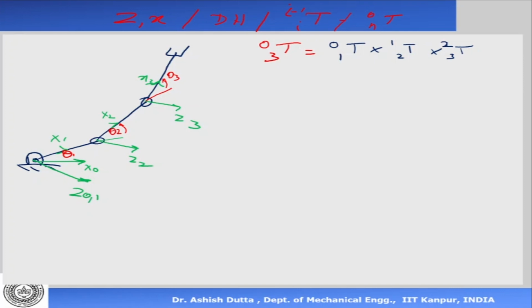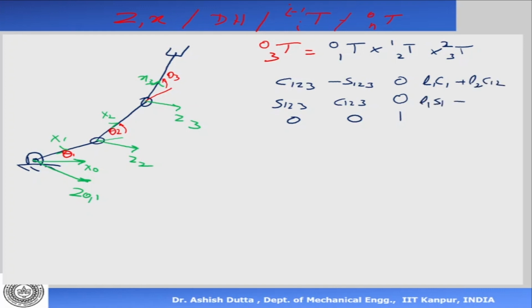And the matrix came out to be of the form cos 123, minus sin 123, 0, 0, 1; sin 123, cos 123, 0, 0, 1; then L1 cos 1 plus L2 cos 12, L1 sin 1 plus L2 sin 12, 0; and 0, 0, 0, 1.